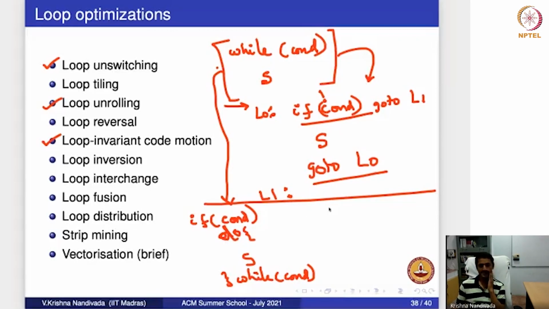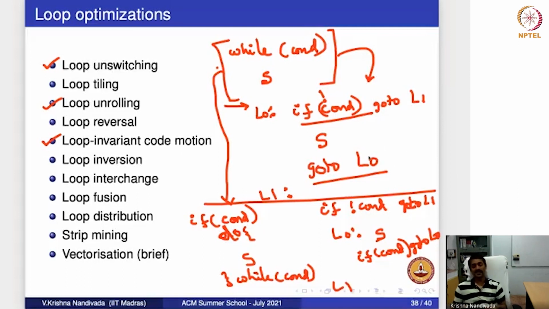Now look at the code that is generated for this. If not condition, go to L1. L0: S, if condition, go to L0. L1. Now in every iteration, how many conditional or unconditional jumps do I have?